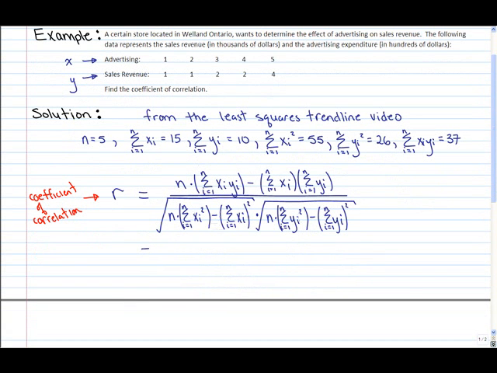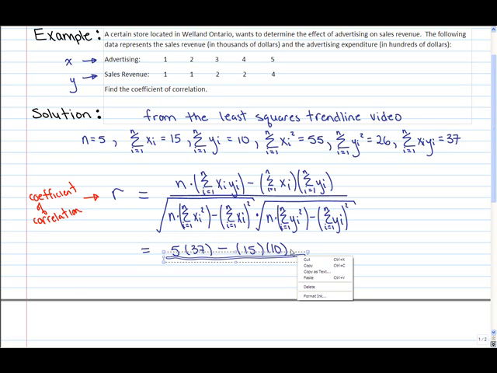Now in your numerator, you should have got n, which is 5. The sum of your x times your y is the value of 37. Minus, now the sum of your x values is 15, the sum of your y values is 10, and then we need to divide this by what's in the denominator.